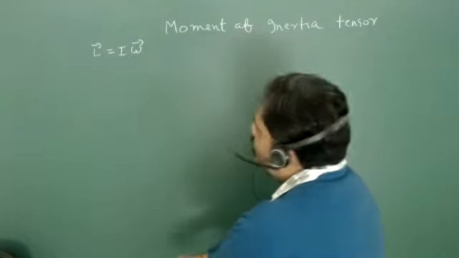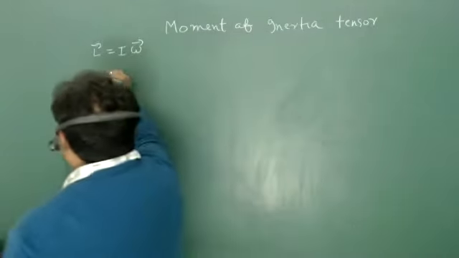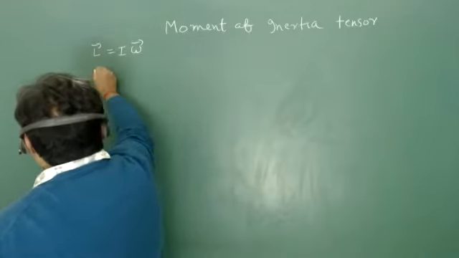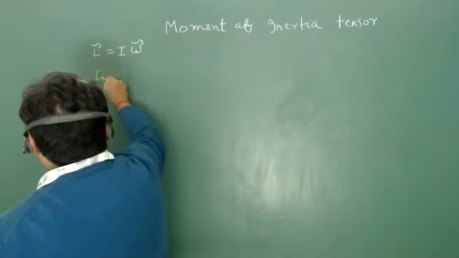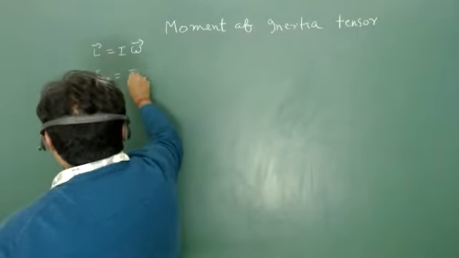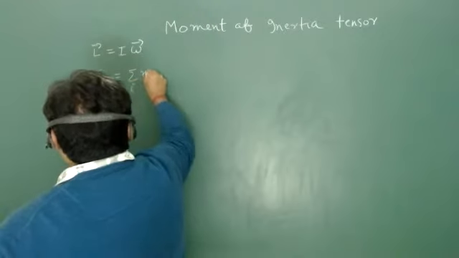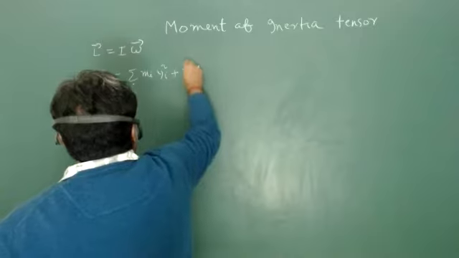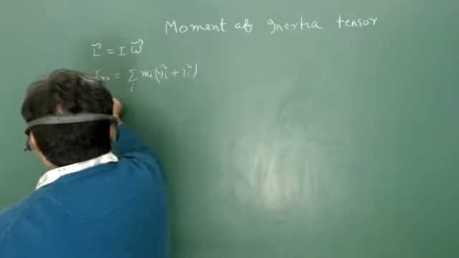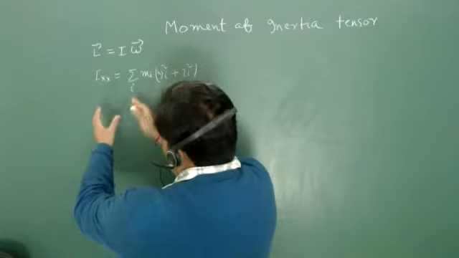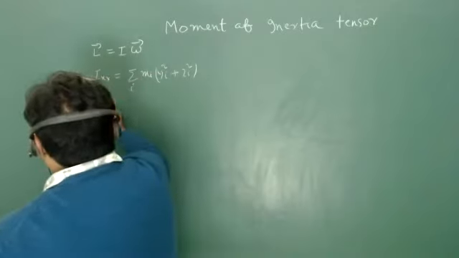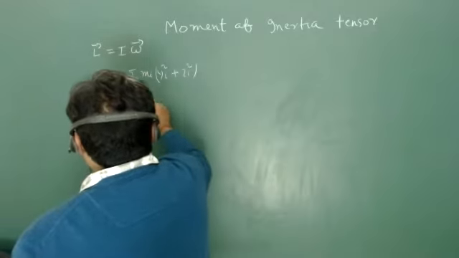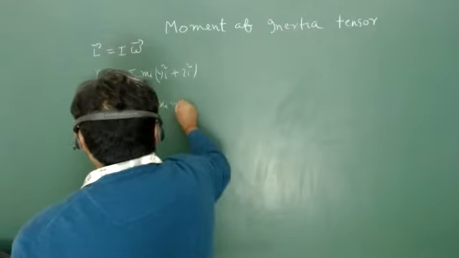I am just taking a very simple problem. Let's say first we are going to do it for discrete charges. So obviously we have Ixx, it's nothing but summation over i of mi (yi square plus zi square), and similarly you have Iyy, Izz, and we have the product of inertia Ixy, which is equal to minus summation mi xi yi.